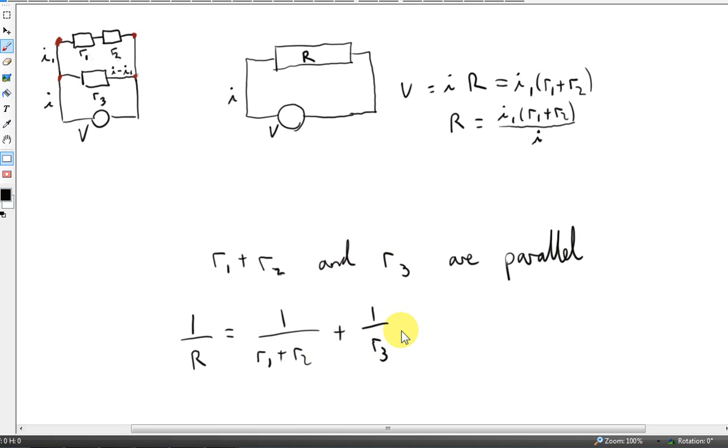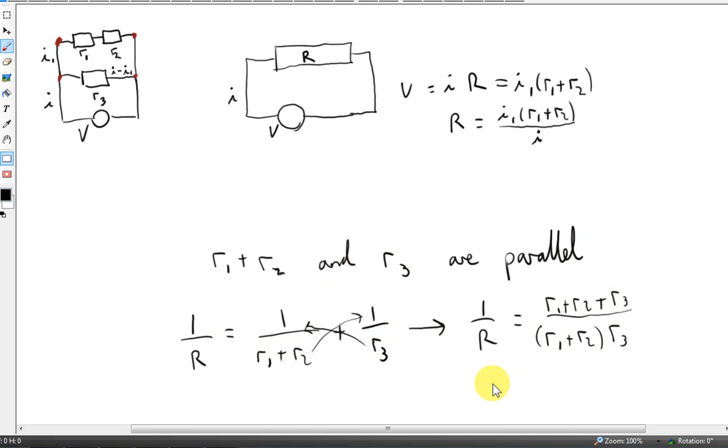So if we solve this for R, we will find the result that we got. We multiply the denominators to get a common denominator, and then we multiply these together to get the numerator. So we get R1 plus R2 plus R3, and if we invert both sides we get our result as before.